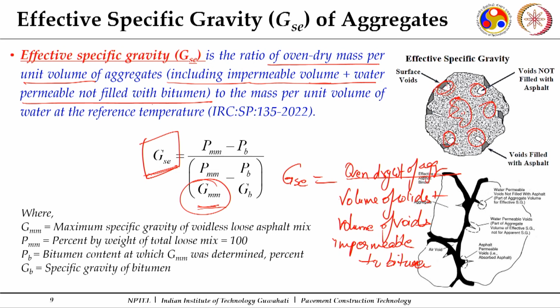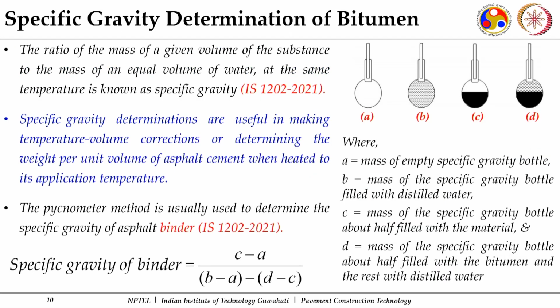These voids were water permeable, but were not filled with the bitumen. So this is the effective specific gravity. For binder, determination of binder specific gravity is as per IS 1202. Here small pycnometer bottles are used.